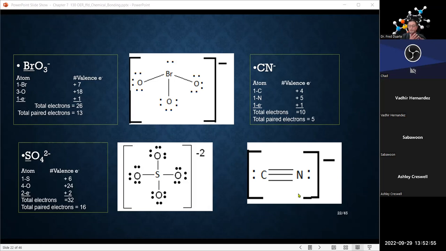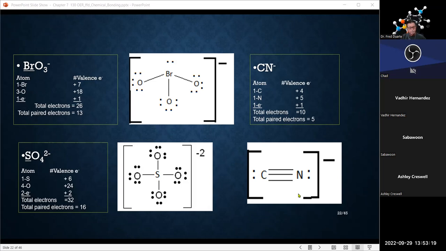All right, so this is how we do Lewis dot structures for polyatomic ions. Very much the same as we've been doing before. We tally up the valence electrons. You're told who the central atom is. And where they differ, with respect to the non-polyatomic ions, we take the general formula and determine the structure and so forth.